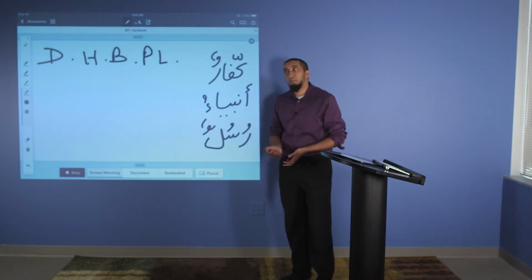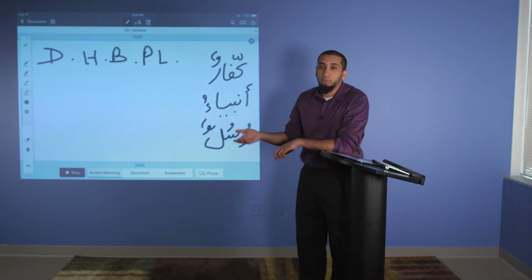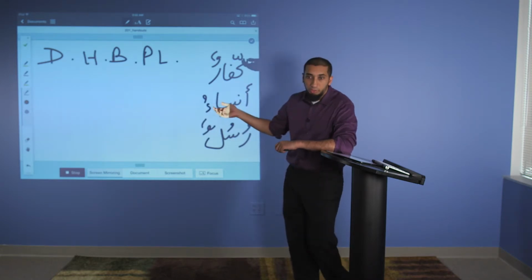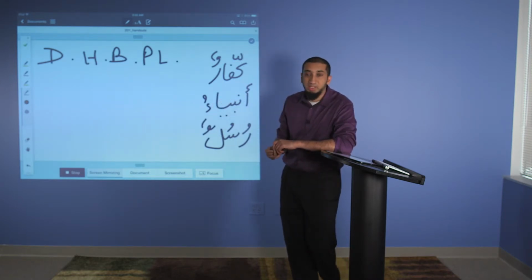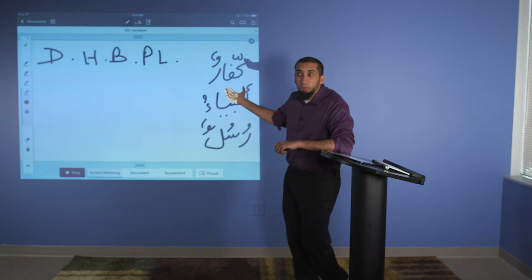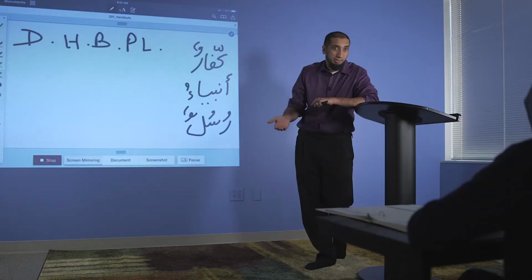And because they don't have a combination, you cannot predict what they were going to be. You have to know that from vocabulary. Like you would have to be taught that the plural of kafir is kuffar. If you guessed on your own, you would only say kafirun, which is also correct. But kuffar suggests that this is a broken plural, and you could only learn that by looking it up in a dictionary or learning it from an Arab teacher or something like that.